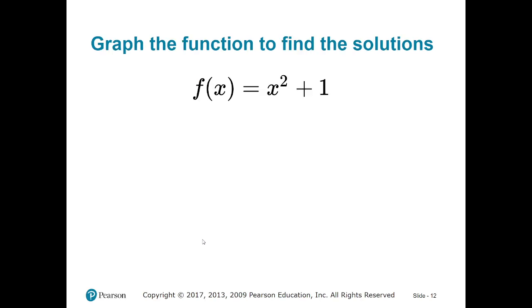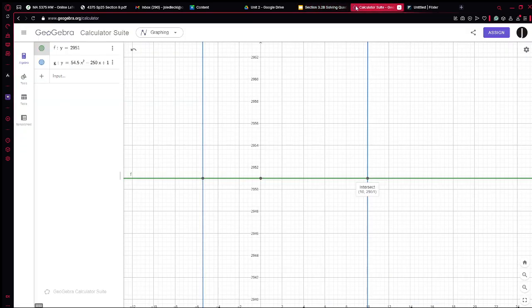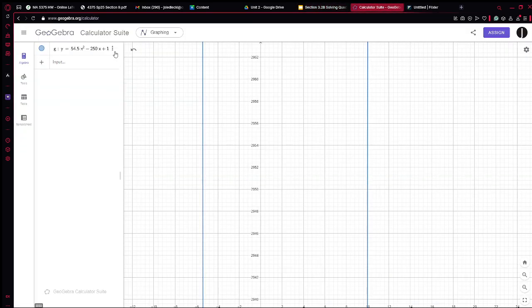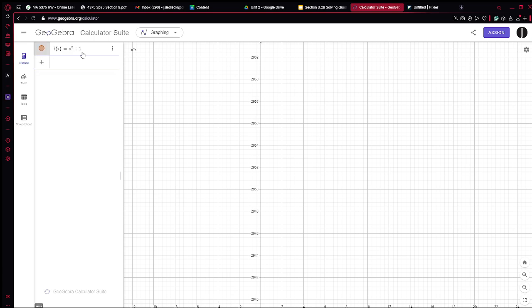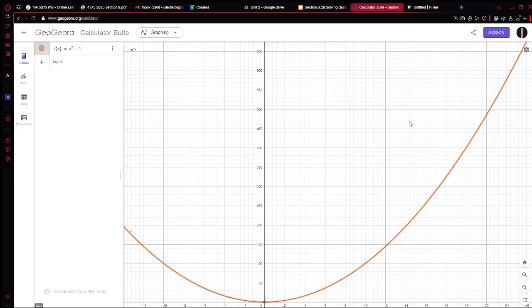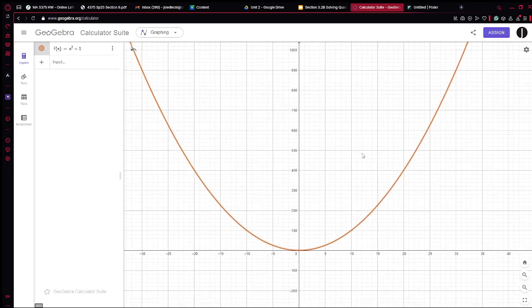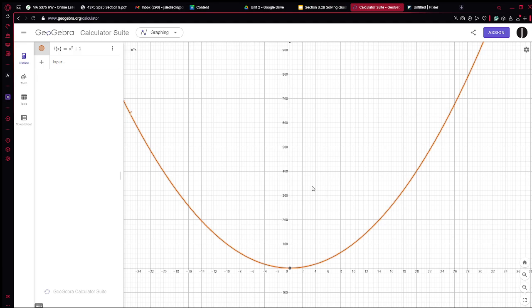Okay, now if we've got this function here, we want to graph it and find the solution. So let me go back to my graph, right, and we can graph this function here. It was x squared plus 1. Right, so if that is the case, then let me zoom to fit now and scroll back out a little bit. Okay.